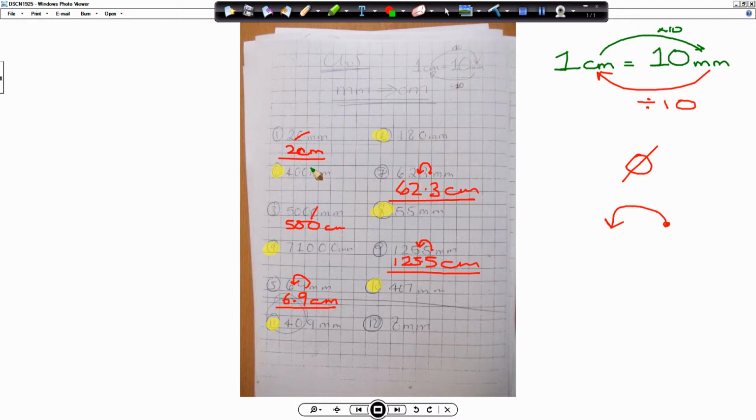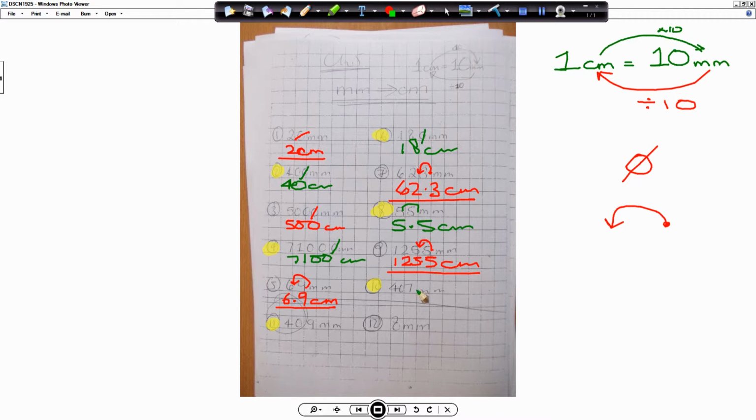400 millimeters divided by 10, knock off a 0. That gives you 40 centimeters. 180 millimeters divided by 10 gives you 18 centimeters. Okay, 71,000 millimeters divided by 10, so that gives you 7,100 centimeters. 55 millimeters, put the decimal point at the end, go back by 1, so that gives you 5.5 centimeters.